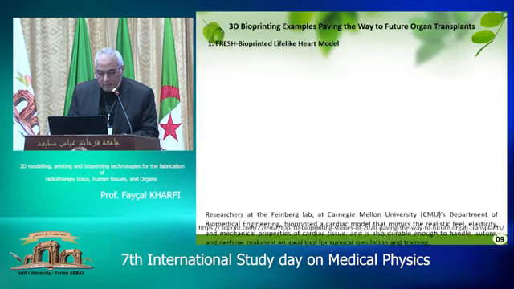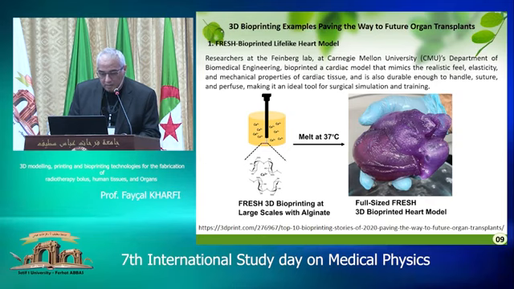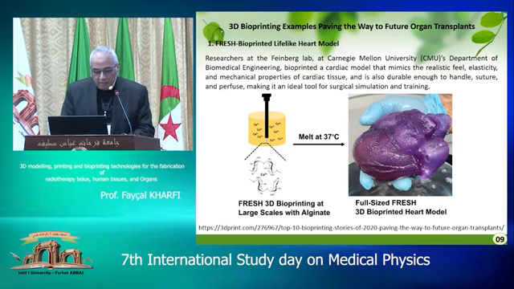I just want here to give you two examples about 3D bioprinting. The first one concerns the bioprinting of a lifelike heart model. The heart model here is 3D printed. This application was developed by researchers at the Feinberg Lab at Carnegie Mellon University, Department of Biomedical Engineering.